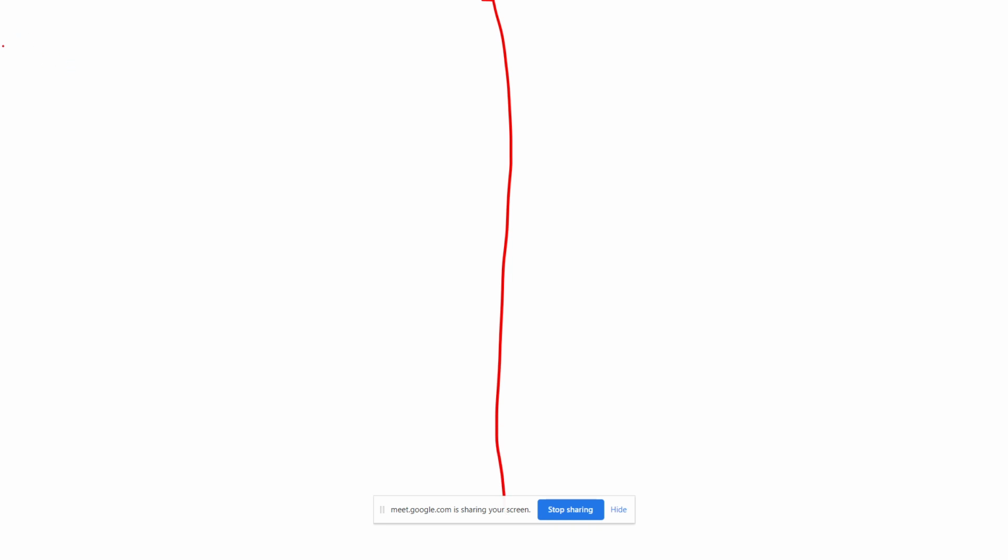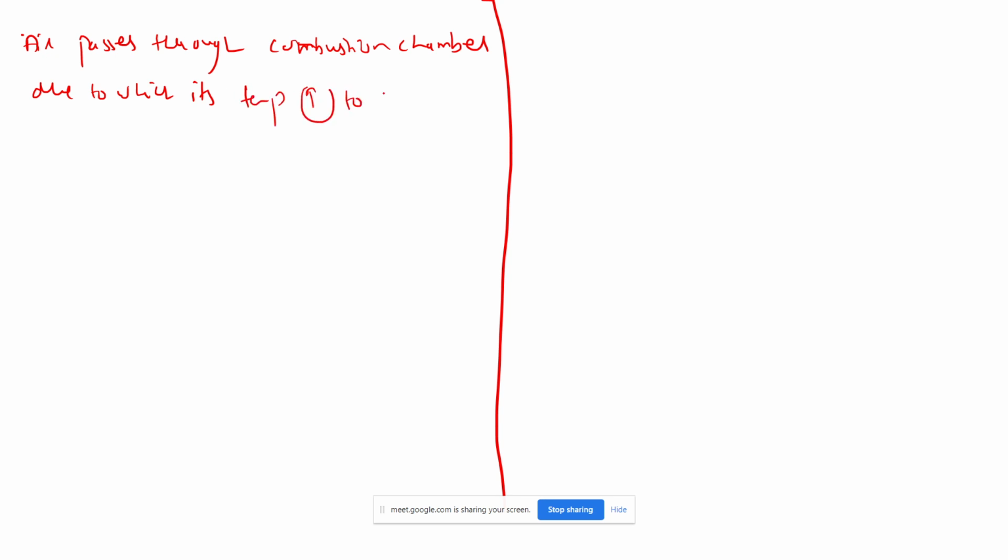After the regenerator, the air passes through the combustion chamber, due to which its temperature increases to 1300 Kelvin at the inlet of the turbine.